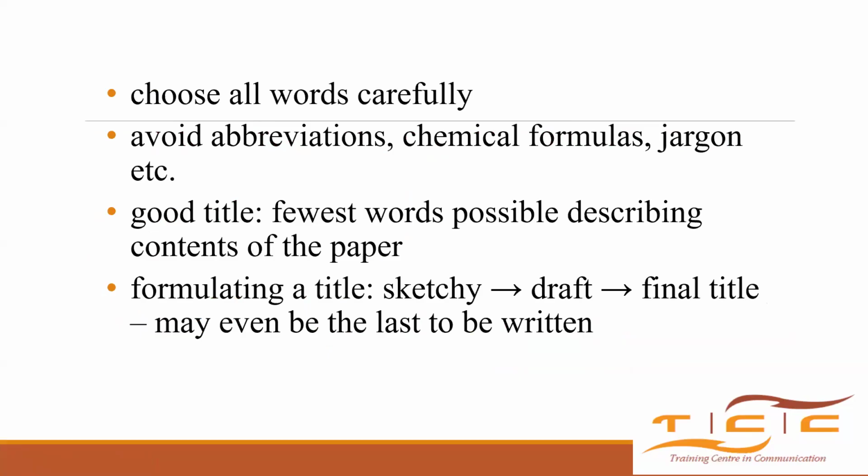So you need to choose all your words carefully, avoid abbreviations or chemical formulas or jargon that is very difficult to understand. So a good title would have fewer words, possibly describing the contents of the paper. And most of the time, we just start with a sketchy one. Don't kill yourself trying to get a very good title at the beginning. So when you're starting to write your paper, I want you to work with what they call a working title.